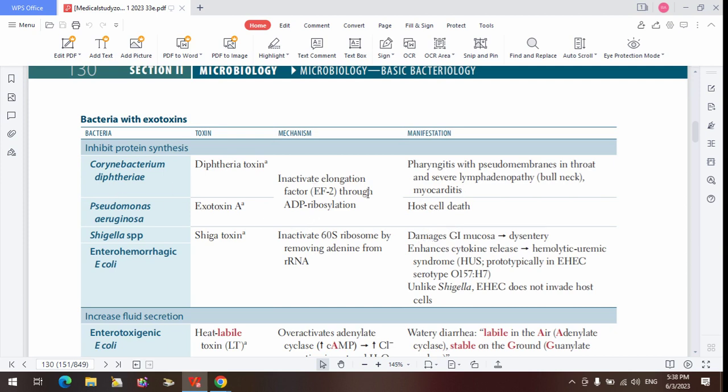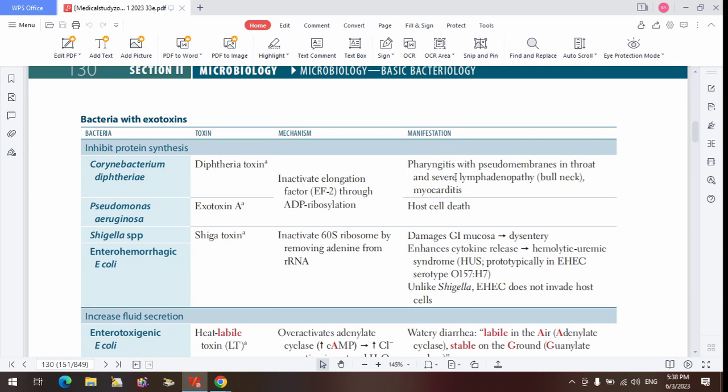Corynebacterium diphtheriae brings about protein synthesis alteration. It stops protein synthesis, and it typically affects the pharynx. So when it affects the pharynx and inhibits protein synthesis, the mucosa of the pharynx becomes necrotic. When they die off, there's an inflammatory response to that.